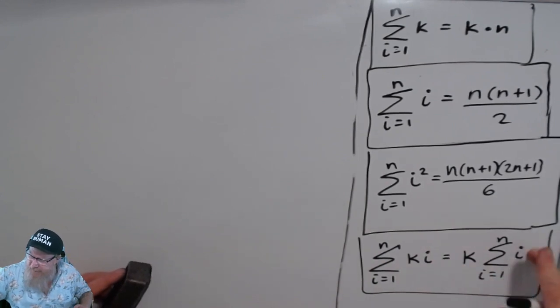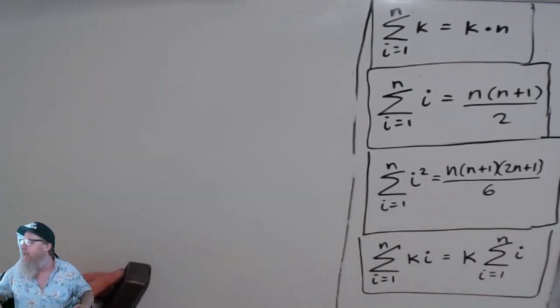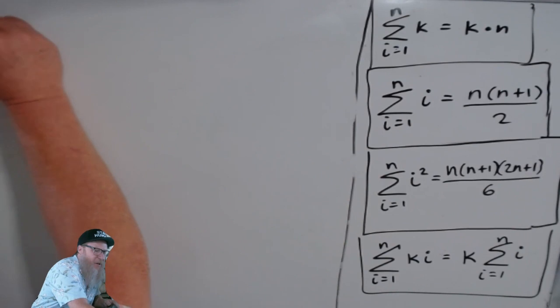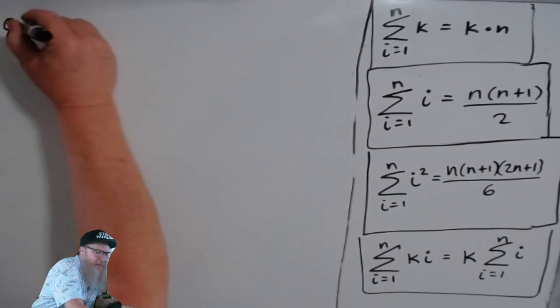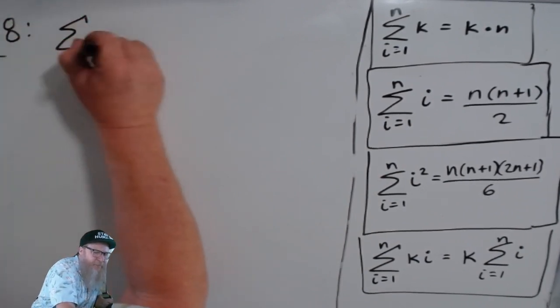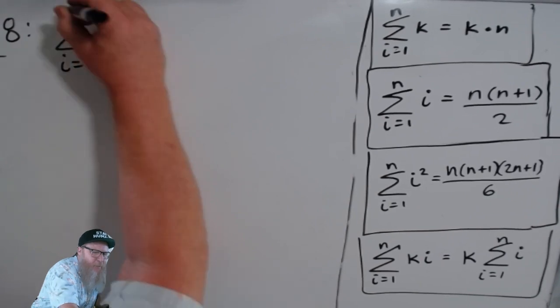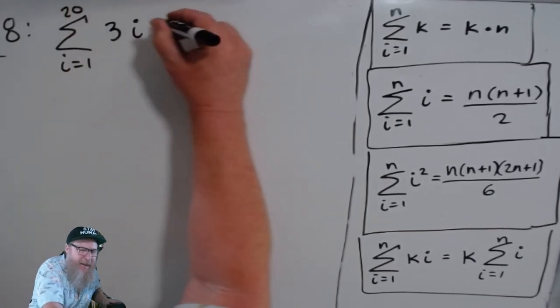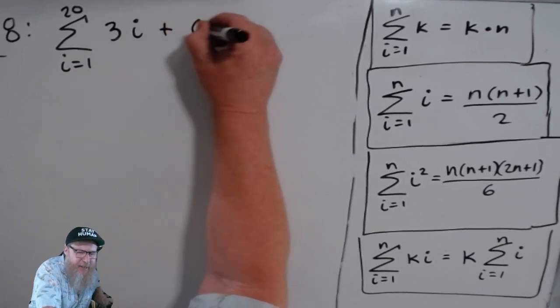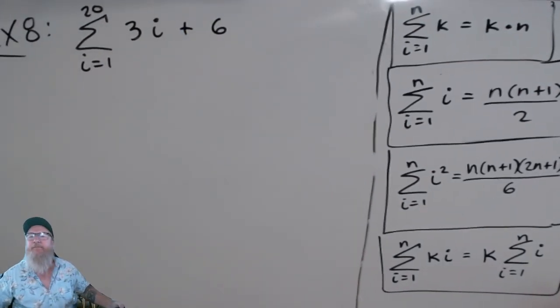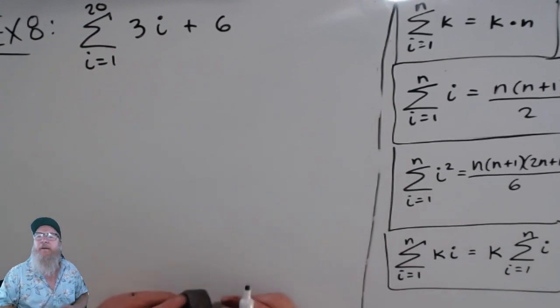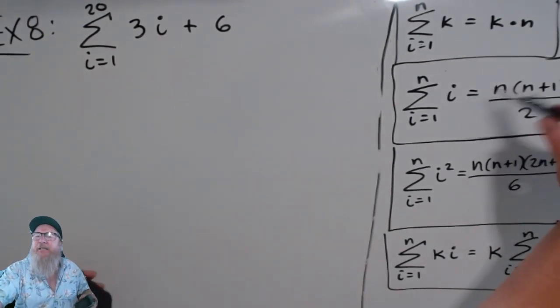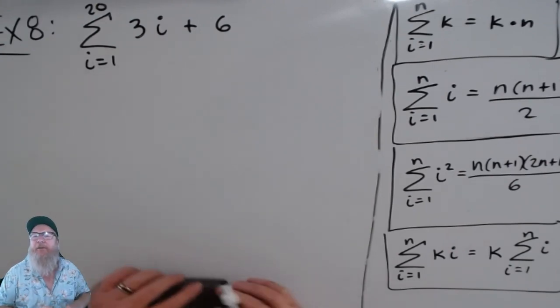Let's start with just this basic type, the k i. So let's call this example 8. Let's go from i equals 1 to 20 of 3i plus 6. Now again, if you don't have these formulas, it doesn't mean that you can't get the right answer.